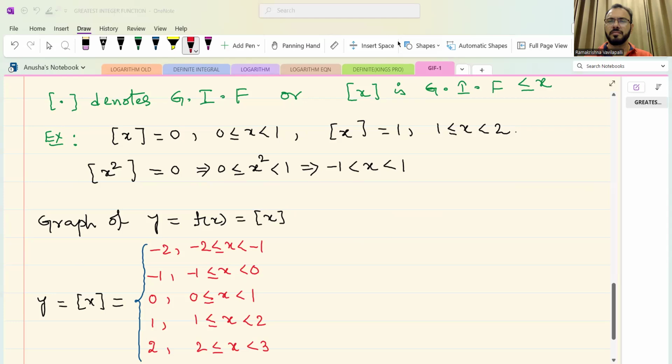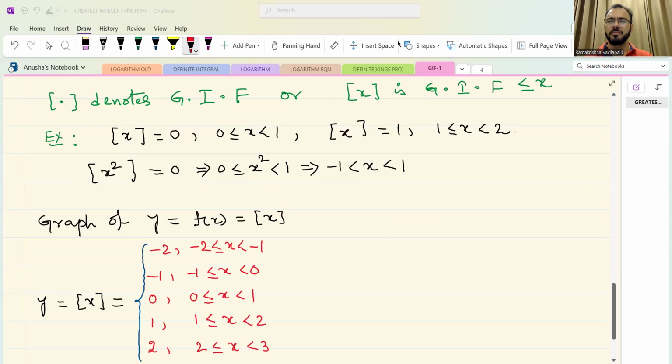It is a discontinuous function at integers, meaning the graph is broken at integers.